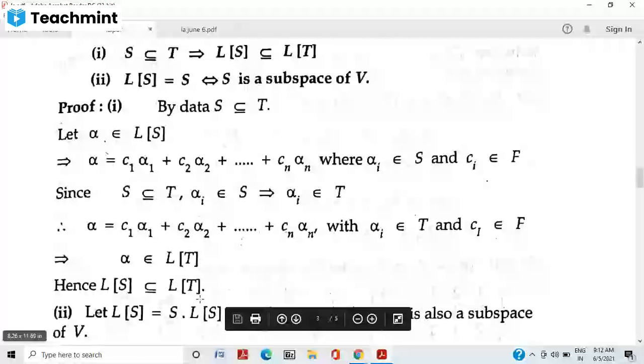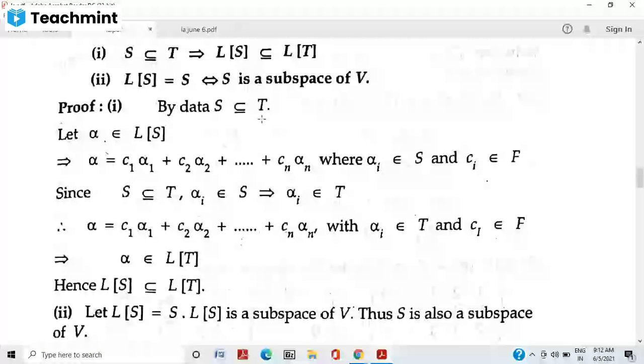Okay, I'll repeat. What is given? The condition given is S contained in T. Then what should we prove?